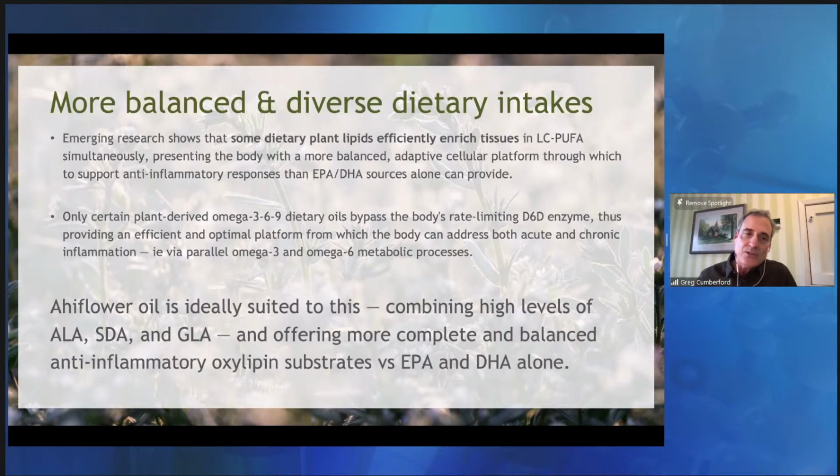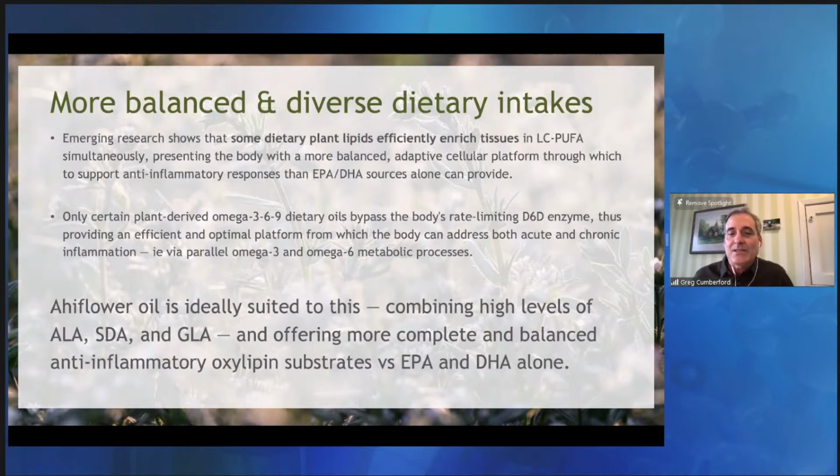And that also plant-derived omega-3-6-9 dietary oils bypass this key rate limiting delta-6 desaturase step and do provide an efficient and optimal platform from which the body can address both acute and more chronic inflammation states.